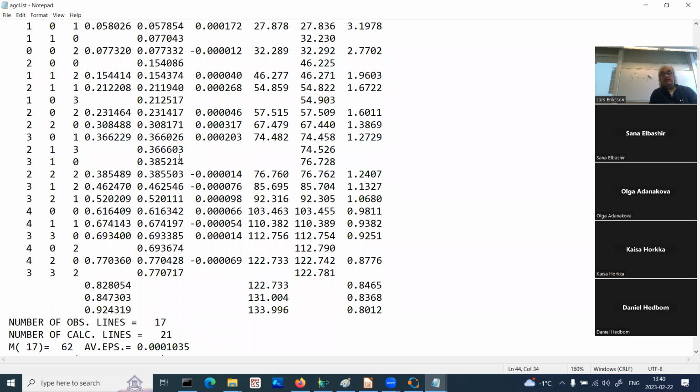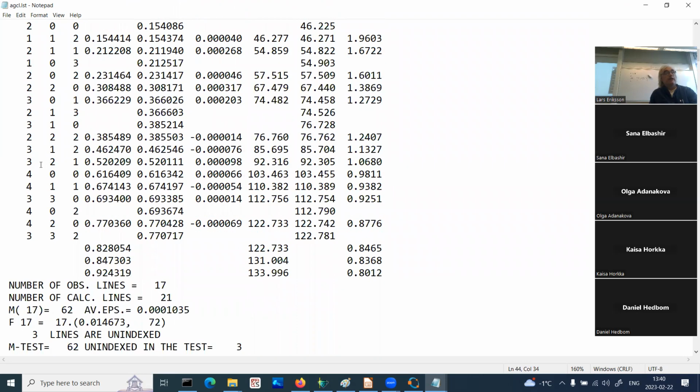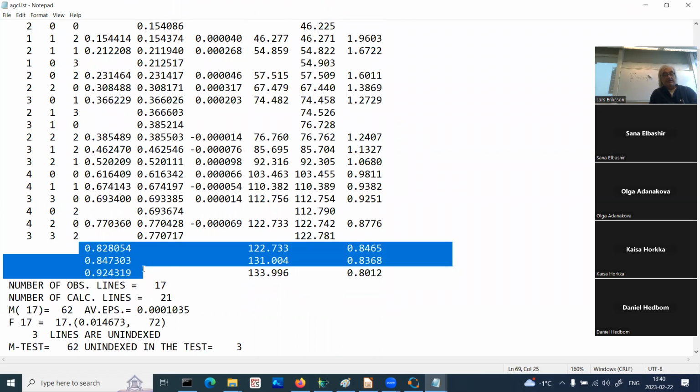Everything is okay until we come to the end here, and then we see that 3 of the lines do not have any HKL values. If we shouldn't expect them to be impurities or anything else, they need to be indexed also.